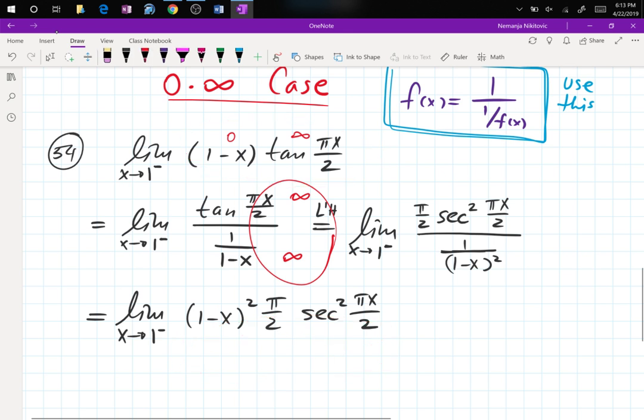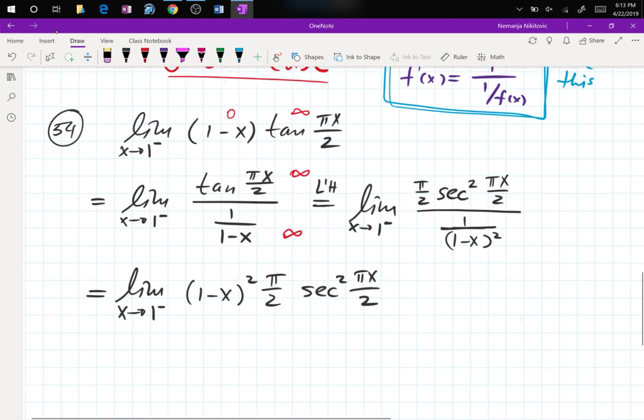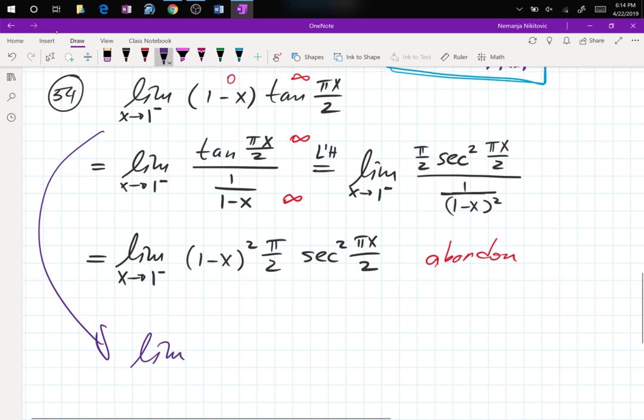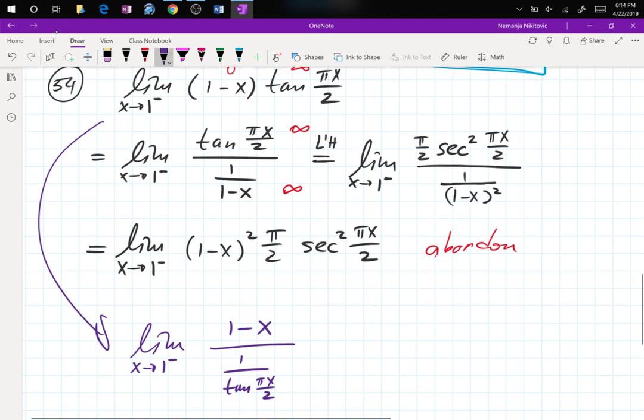So when this happens, and I'm really happy that it happened on our first case over here, we are going to now abandon, and we're going to go back, and now we're going to pick differently. So I'm going to keep 1 minus x here, and 1 over tangent pi x over 2 goes in denominator.